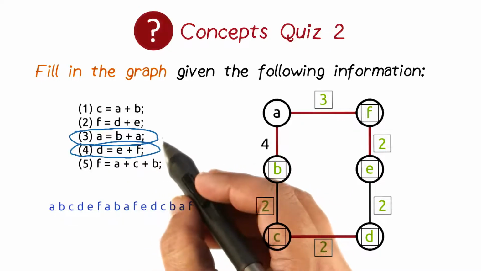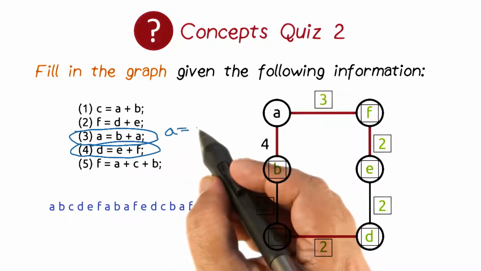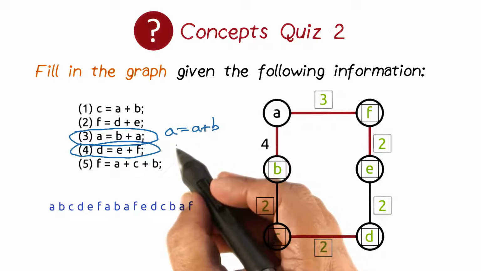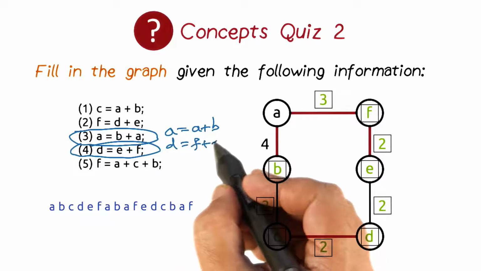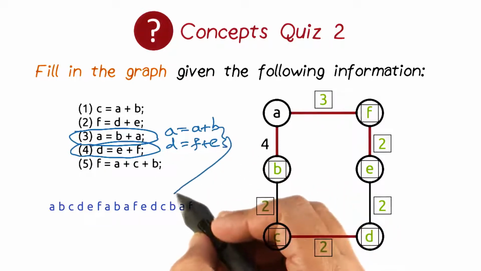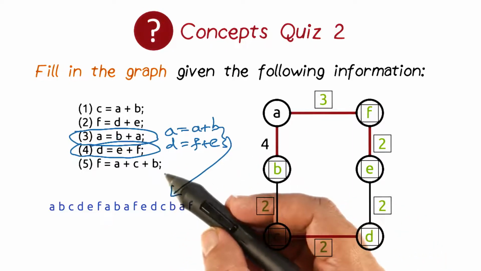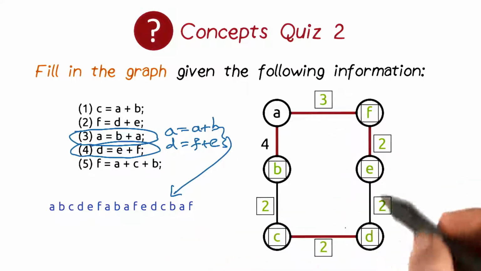And with these changes, doing A is equal to A plus B and D is equal to F plus E, doing this transformation, we have managed to get this access sequence over here. And by doing this algebraic transformation, we have simplified the access sequence and also the graph.